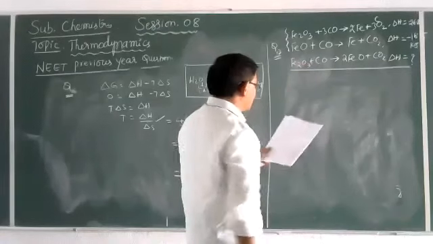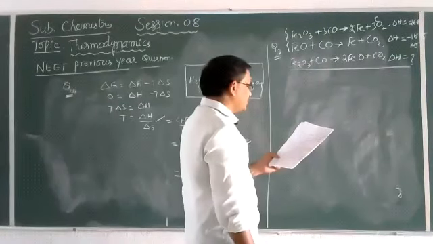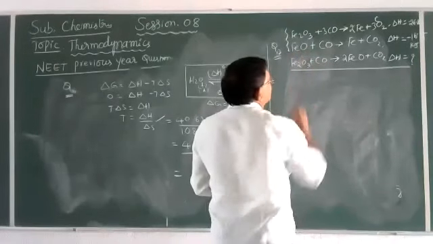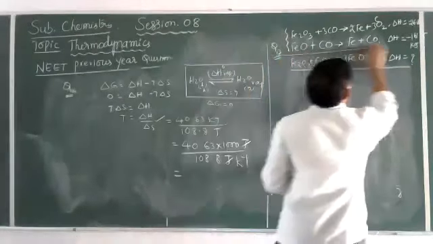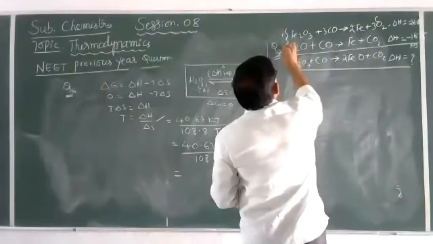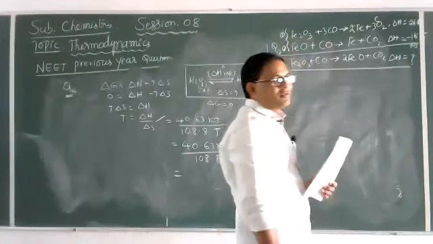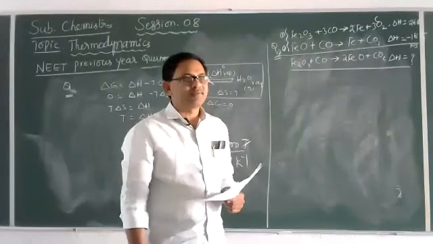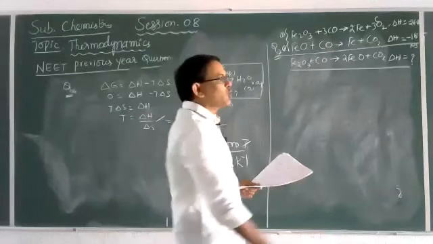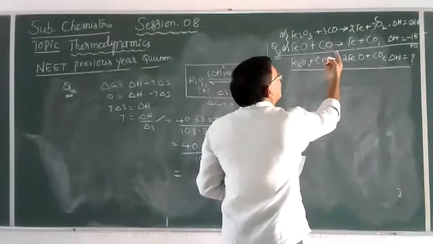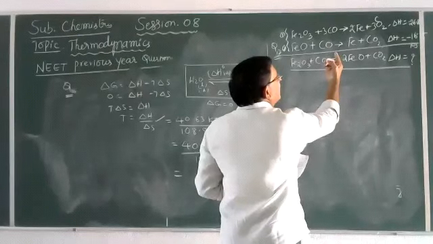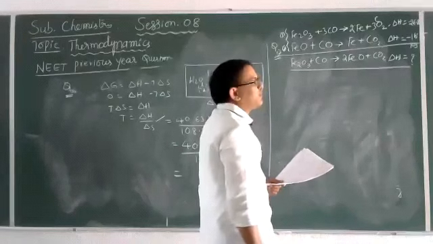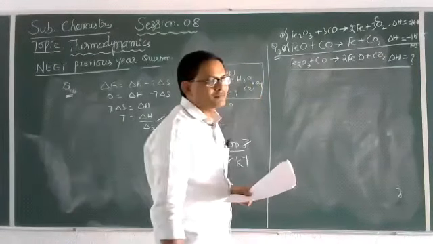By using this, equation 2 is reversed. These are equations 1 and 2. This is according to the Lavoisier-Laplace law, the first law of thermochemistry. According to the first law of thermochemistry, when the amount of heat is liberated or absorbed and the reaction is reversed, its magnitude is the same, but the sign differs.